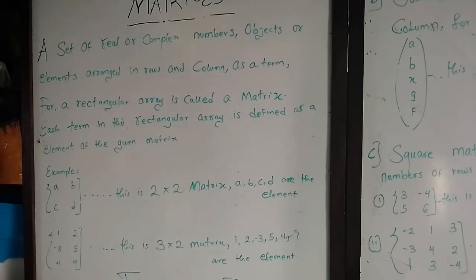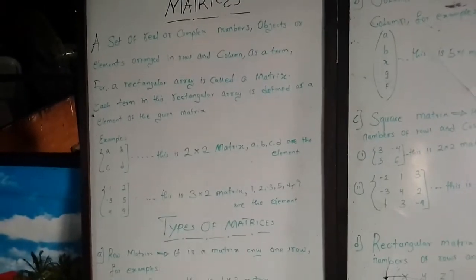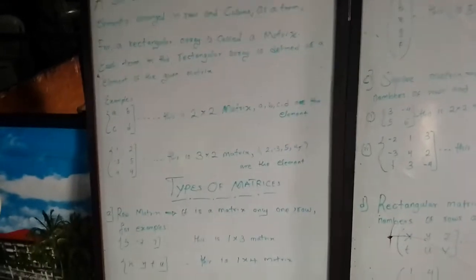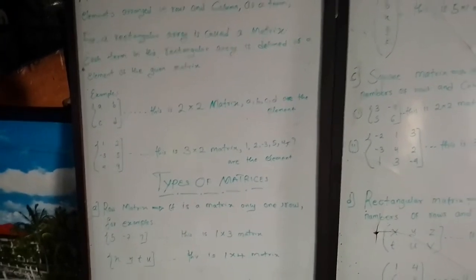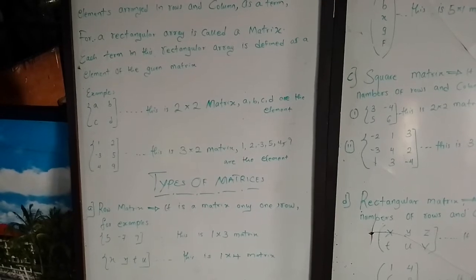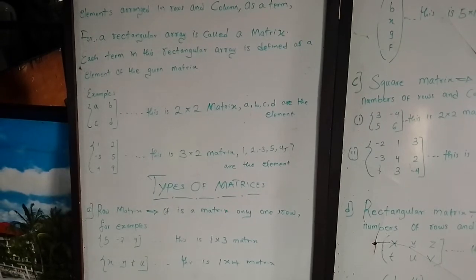So let's move to types of matrix. We have so many types of matrix, so we will treat the most important ones. One, we have the row matrix.